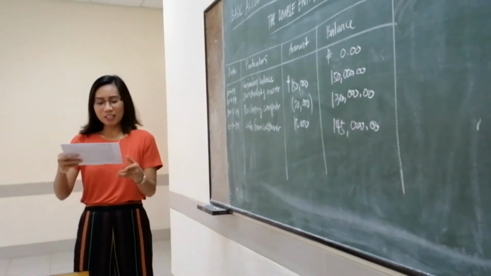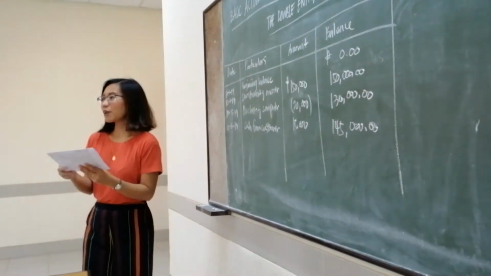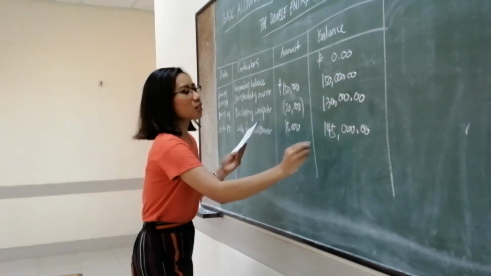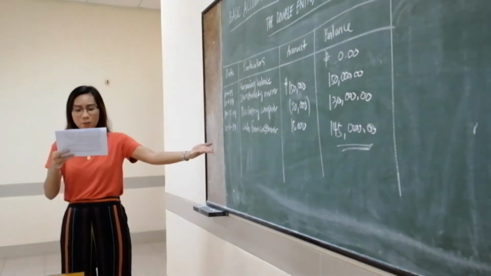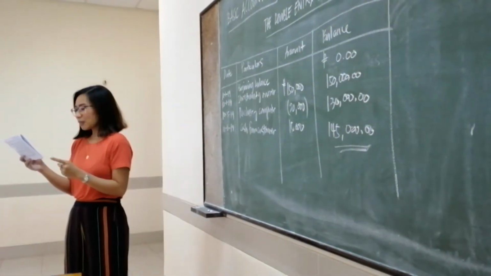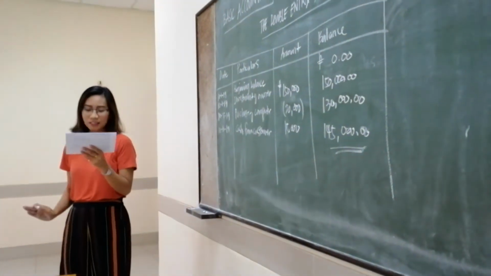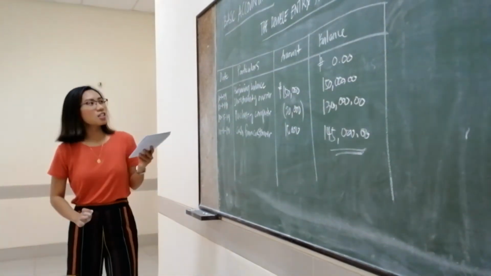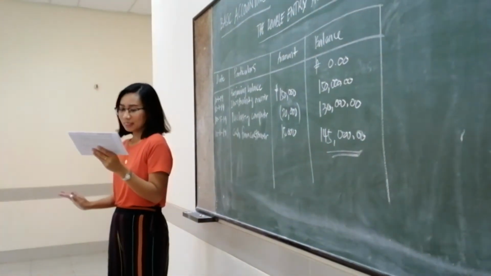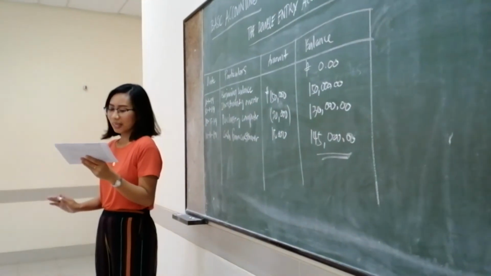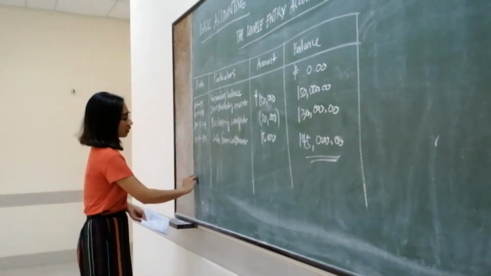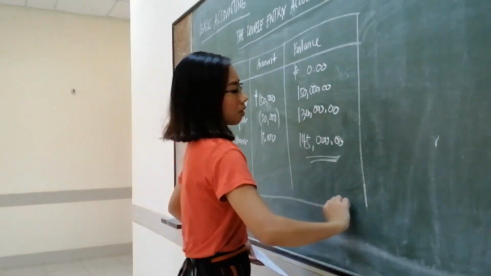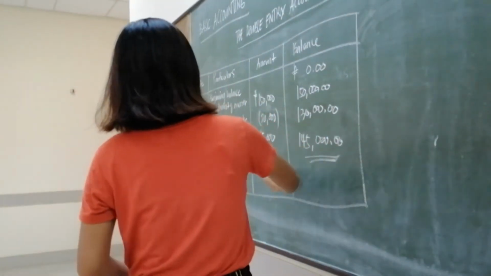So as you can see, the recording of the transactions is a single entry. Do you see the difference? So we can readily determine the cash balance using this recording method. However, it will be difficult to determine the balances of other accounts such as revenues and expenses unless the company maintains separate books for them as well. So this is just the record they maintain, or the book they maintain.